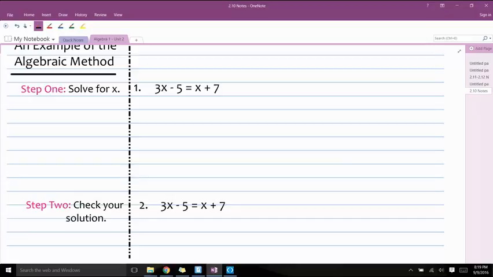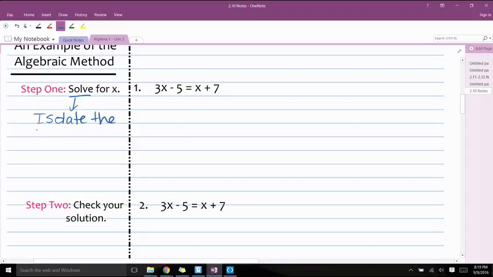So since we want to look for the value of the variable that makes the equation true, we need to get the variable alone. We need to isolate the variable. So anytime you see that we have to solve, you want to think, I need to isolate the variable.